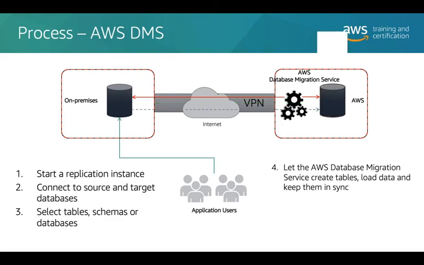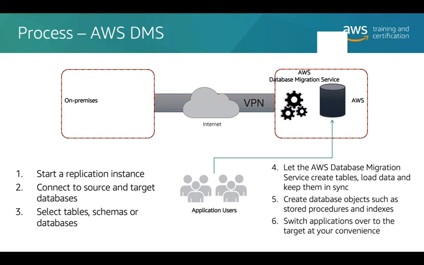And the DMS service will migrate that for you, create the target databases and load them, and can keep them in sync for a period of time until the final migration happens. Then things like stored procedures and indexes can also be created at the same time. And finally, you can switch your application over to your target, for example, an Aurora database on AWS. So that can all be managed through DMS.